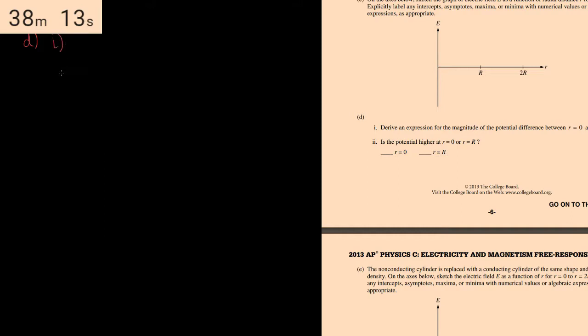Recall that the potential difference, so this is the change in potential from two points A to B, is the negative of the integral from A to B of the electric field dot, whatever direction we're going.